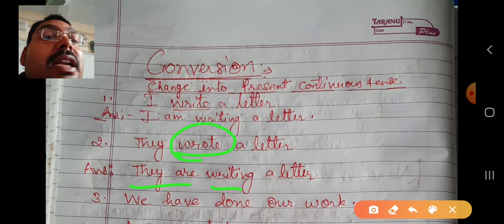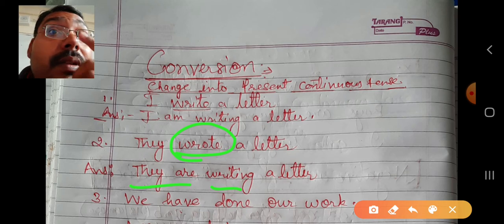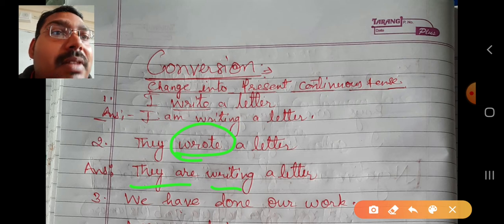First you extract the first form. Wrote is the second form of the verb. I told you there are three forms of verb: first form, second form, and third form, isn't it? And I gave you the verb tables also. You learned that in the chapter on verbs. So what is the first form?